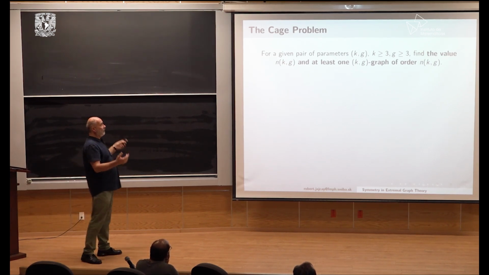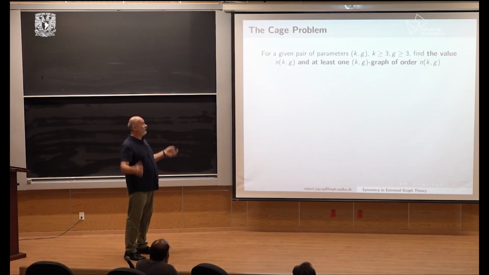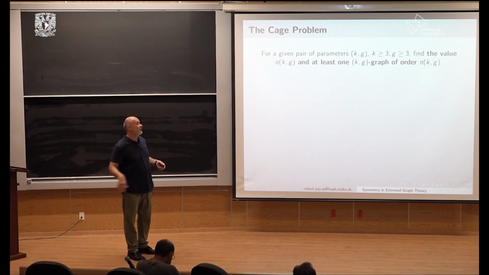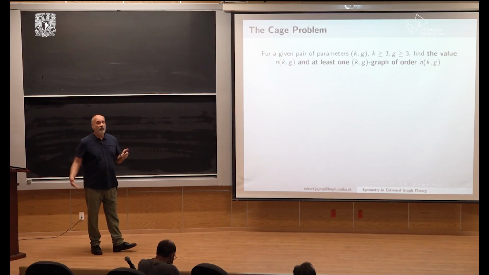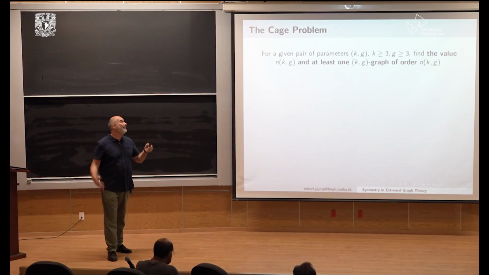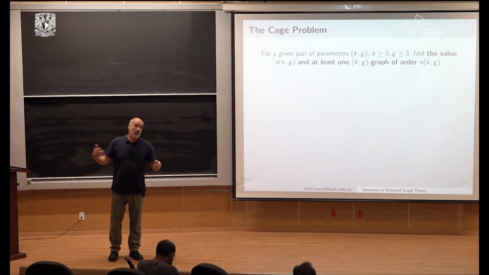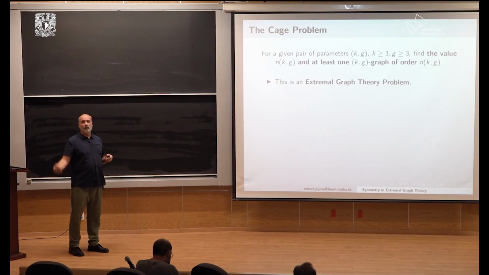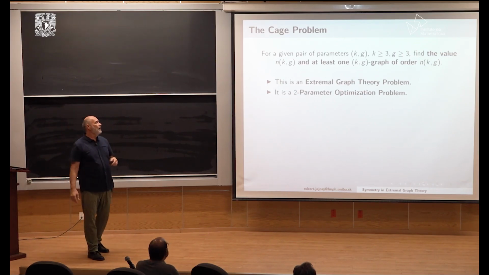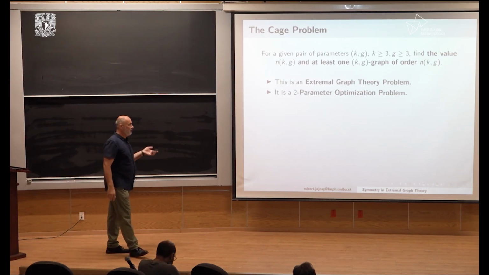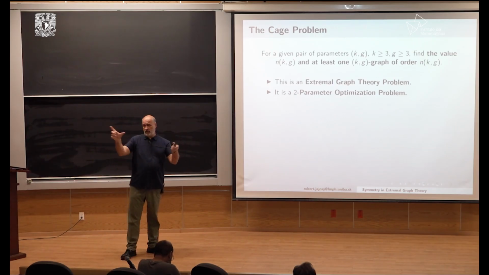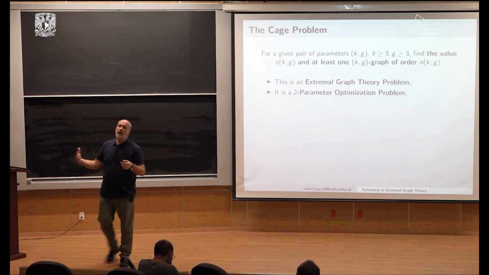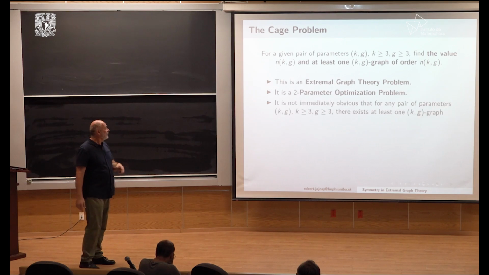Somebody gives you a pair of parameters, k, the degree of each vertex, and g, the girth, the length of a shortest cycle, and your role is to find at least one of the smallest possible graphs with these parameters. It's an extremal graph theory problem because you're looking for the smallest. And it's also a two-parameter optimization problem. You have the input of two parameters and you're optimizing with respect to the class.